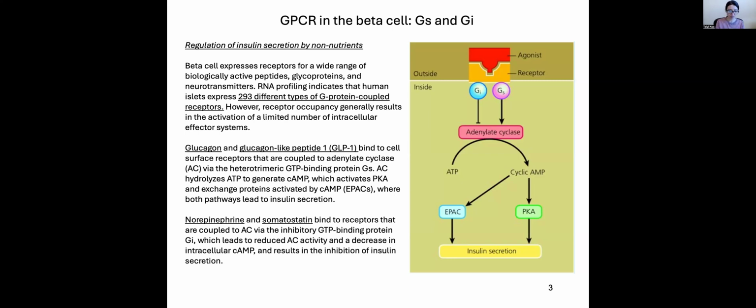And we know that as a result, we would have a lower concentration of intracellular cyclic AMP. And the end result of this is the inhibition of insulin secretion. So on the right, essentially, it is saying that GI and GS share the same downstream effector systems, and the outcome is to regulate insulin secretion from the pancreatic beta cell.